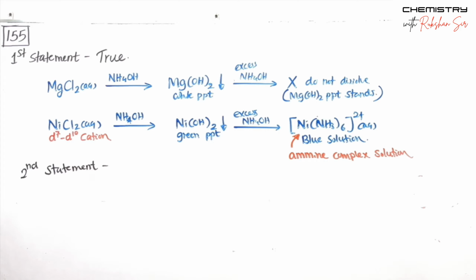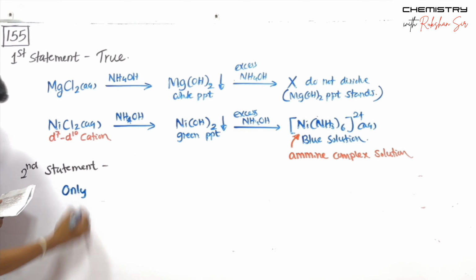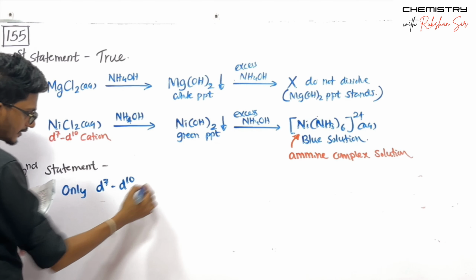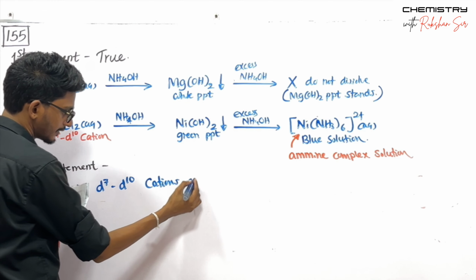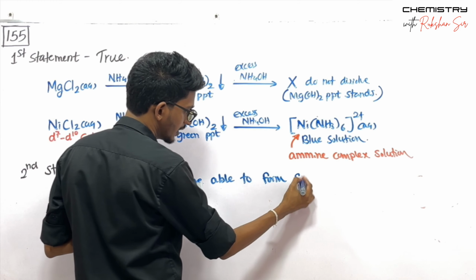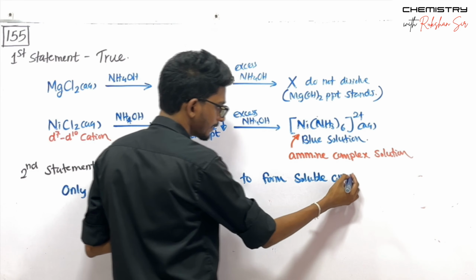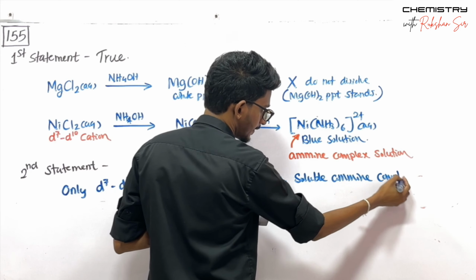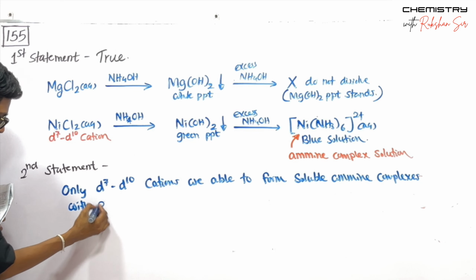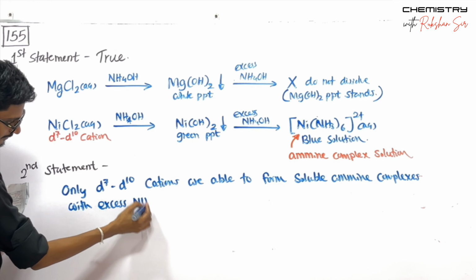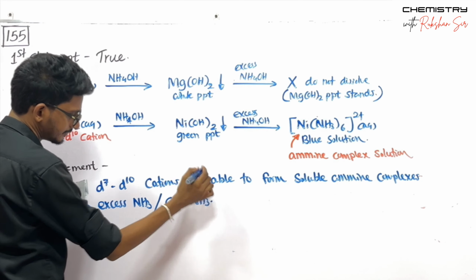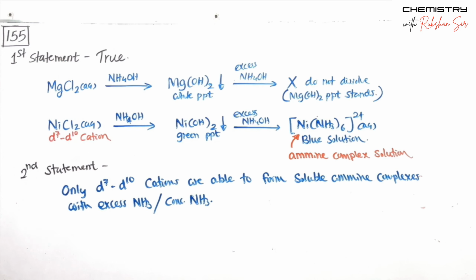The point is, only d7 to d10 cations are able to form a soluble amine complex with excess ammonia, or one can say concentrated ammonia. So the second statement is also true.